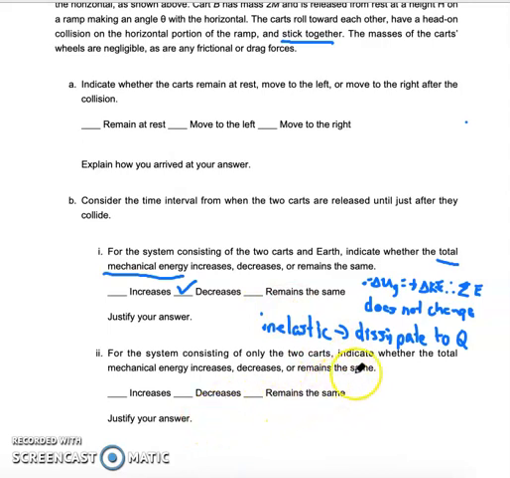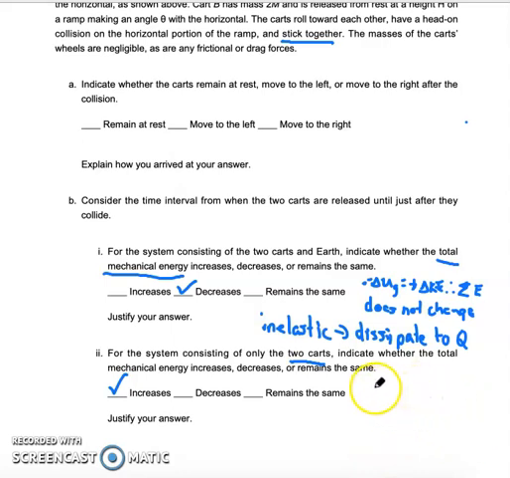All right, now let's go to the case where we just include the carts. In other words, we take away the Earth. So in this case, the answer is the total mechanical energy increases, because at the beginning, if we include the carts, there is no potential energy. Gravitational potential energy only exists if you have the Earth involved as part of the system.